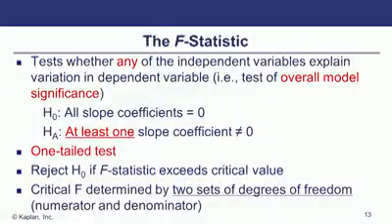Now, we also have a more generic test on top of your t-tests. Your t-tests were basically pointing the finger at various slopes and saying, okay, how about small cap stocks? Is that a significant variable? How about emerging markets? Is that a significant variable? How about high-yield bonds?